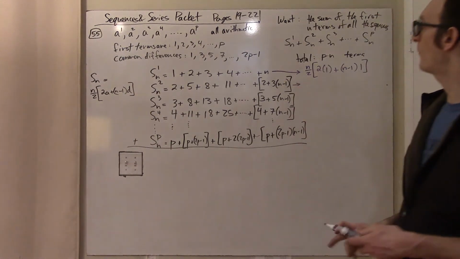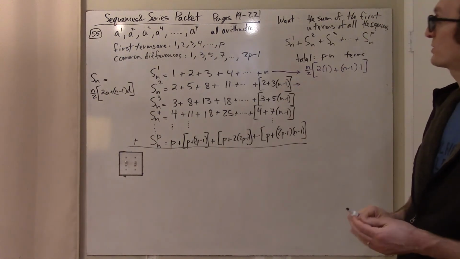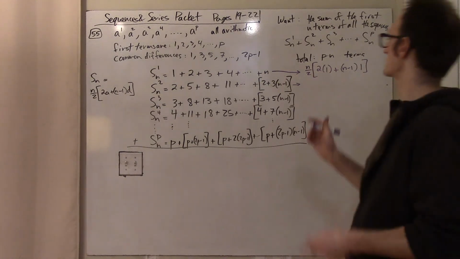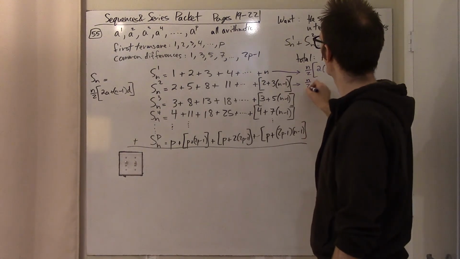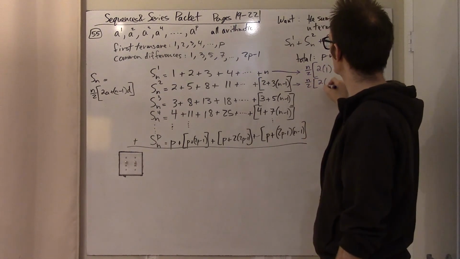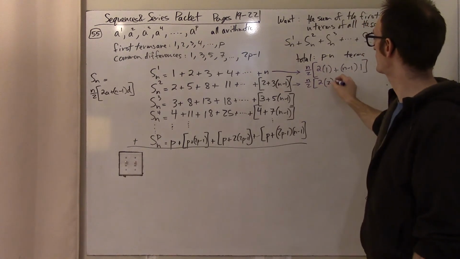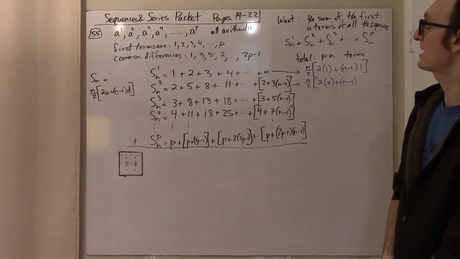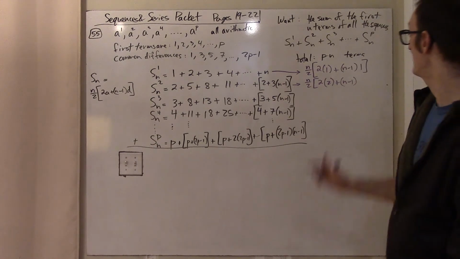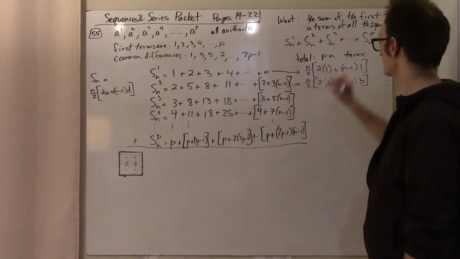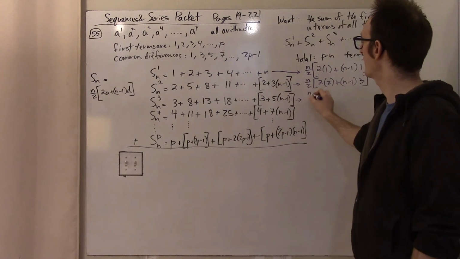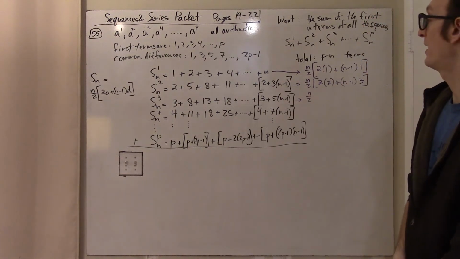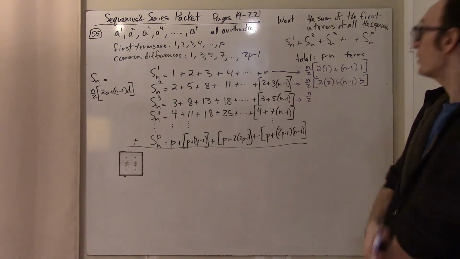Okay. What happens if I add up the first n terms in this second sequence? Well, now it's also n over 2 times twice the first term, which is 2, plus n minus 1 times d. And what is d now? It's 3. Okay. What about the sum of the first n terms in the third sequence?